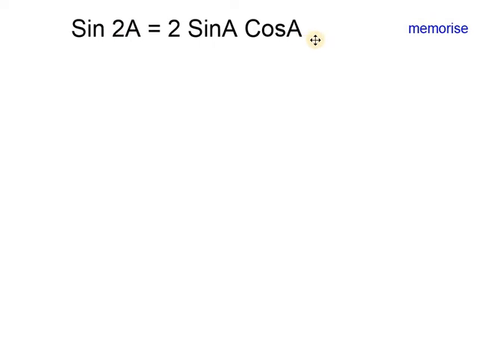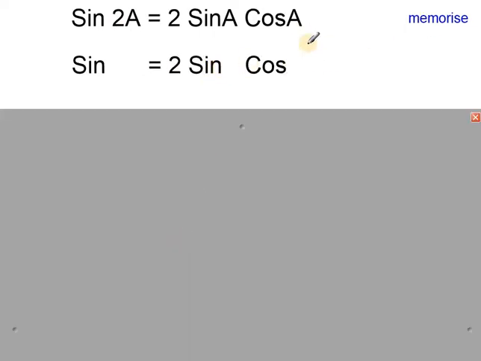This identity needs to be memorized. So if the angle on the right was 10 degrees, and these are both the same, both 10, the angle on the left hand side is 2 lots of A, so it's twice one of these, so 20 degrees.